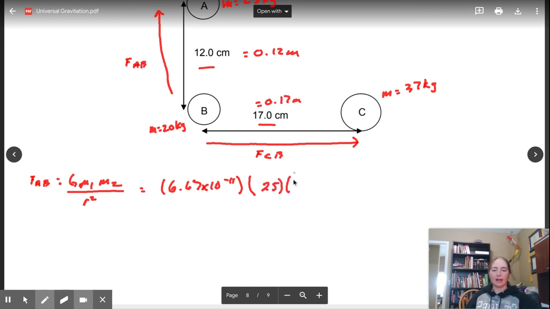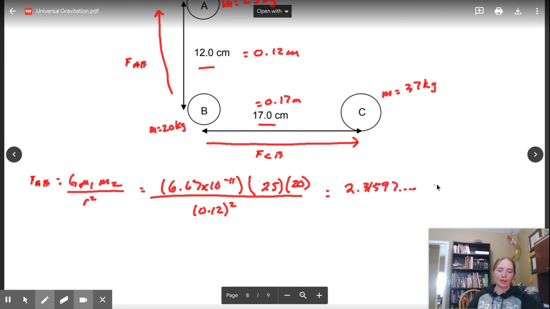We're going to multiply that by the mass of object B, which is 20 kilograms. We are going to divide that by 0.12, squared, the radius. Once this is put into your calculator correctly, you are going to wind up with 2.31597... times 10 to the power of -6 newtons.